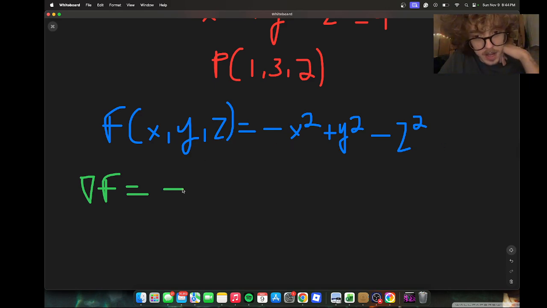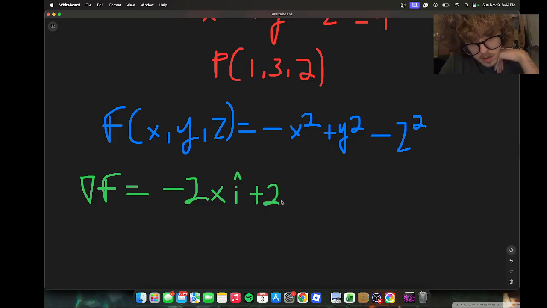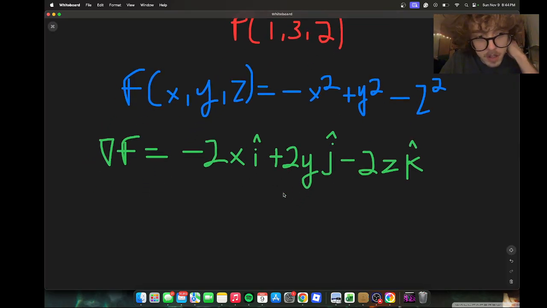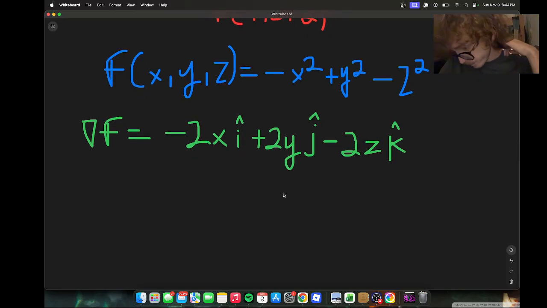So we're going to get negative 2x, that will be i, that unit vector, plus 2y j, minus 2z, and then that's going to be the k unit vector. Okay, so that's the gradient.